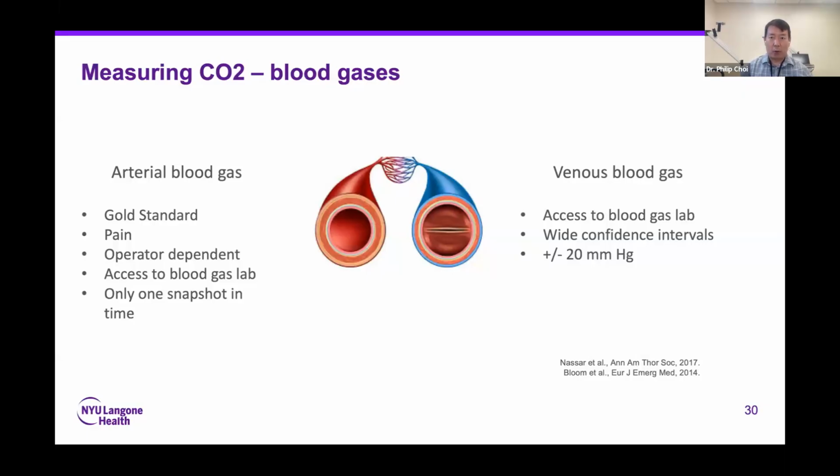So for any of you who have drawn an arterial blood gas, you know that it either takes 2 seconds or might take multiple pokes depending on vasculature. And again, sometimes it feels very random in terms of who we can get it on and who we can't. One of the biggest barriers actually is access to a blood gas lab. So blood gas labs have to be certified.